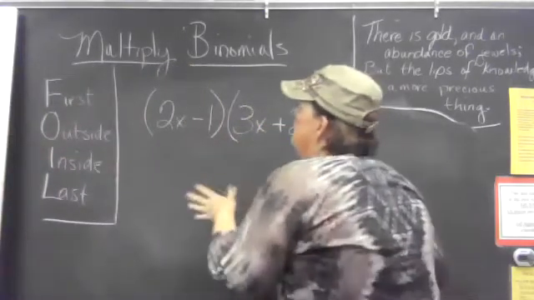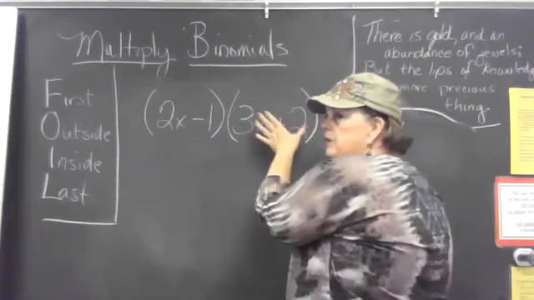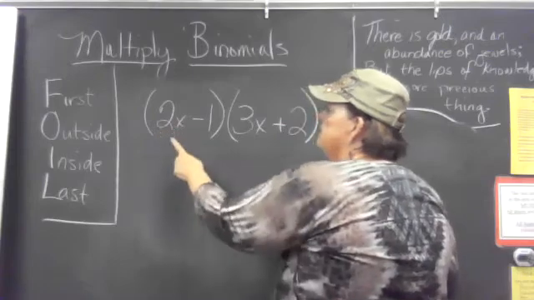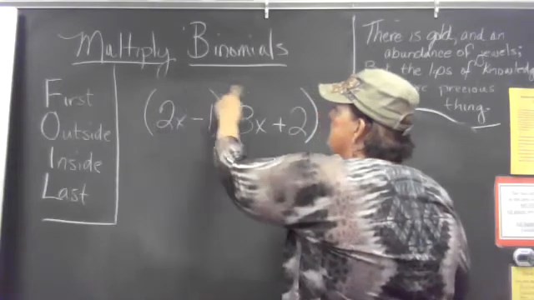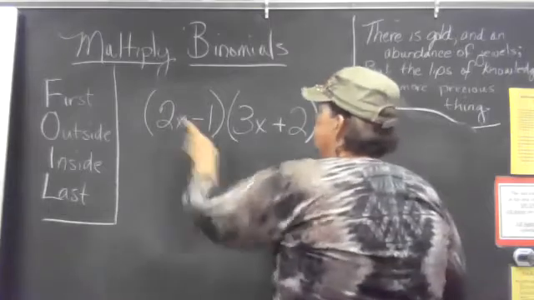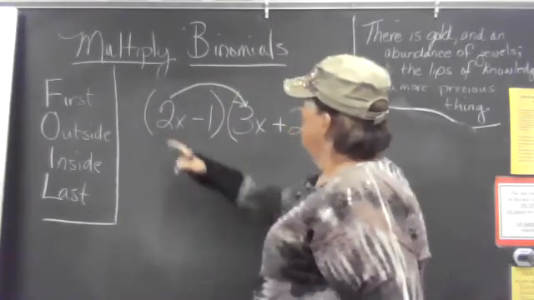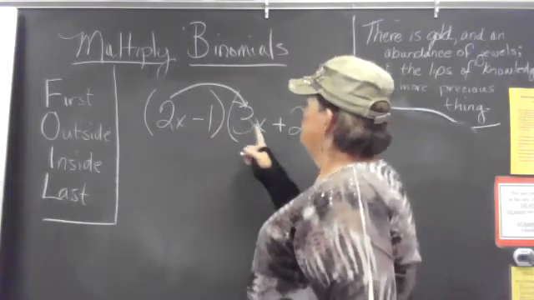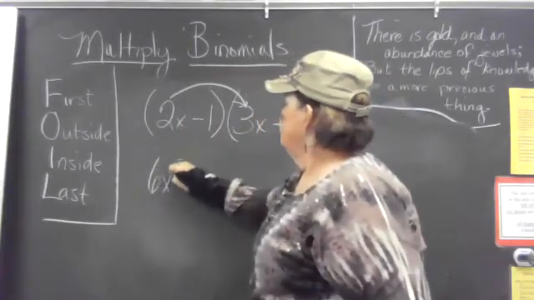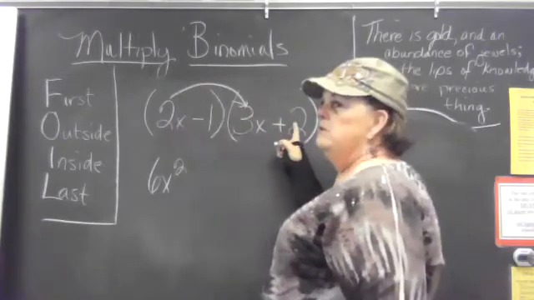I say, okay, everything in here is going to have to be multiplied by everything that's in here. So this is how I do it. I look at the first term and I say, I'm going to take the first term, multiply it by this, then multiply it by that. Okay? First term. So when I multiply this times this, I get 6x squared. Do you see it? 6x squared. And then this still has to be taken by this.